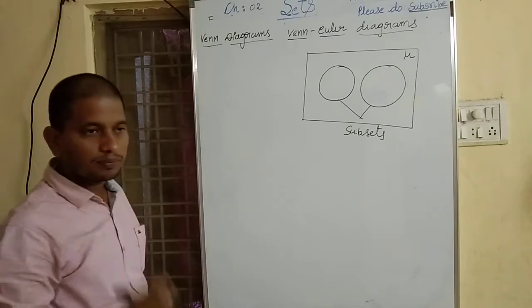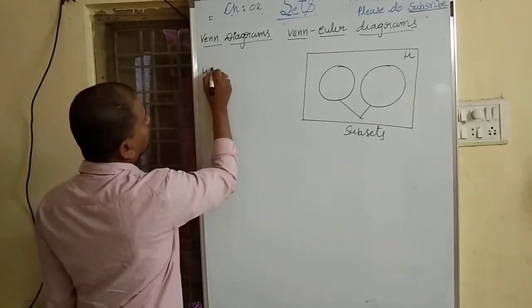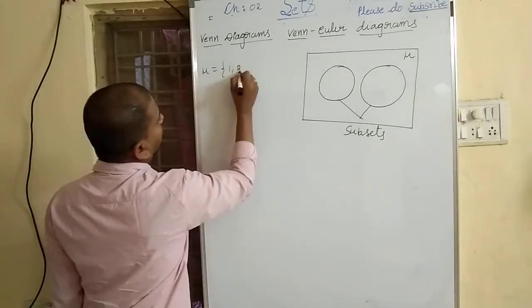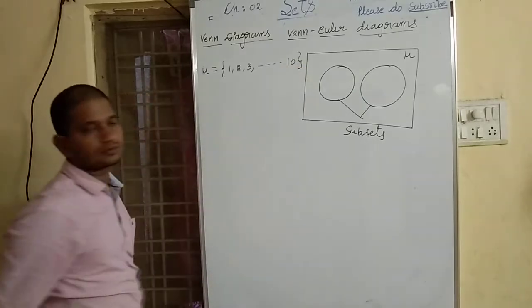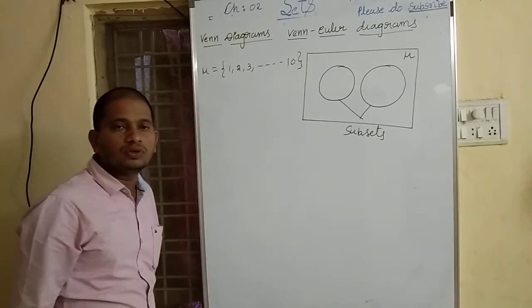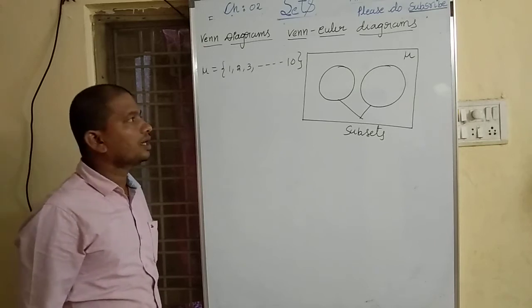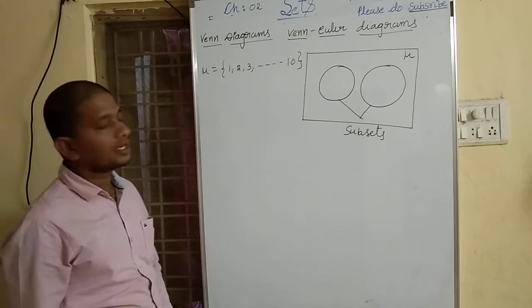Okay. For example, let us consider the universal set mu equal to 1, 2, 3 and so on up to 10.